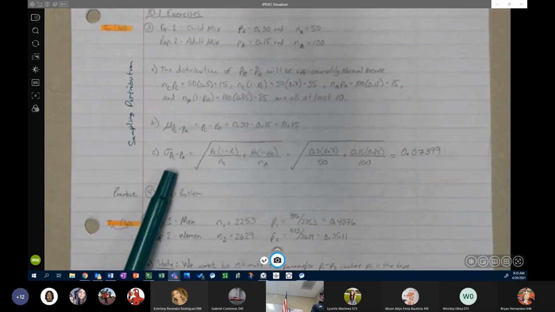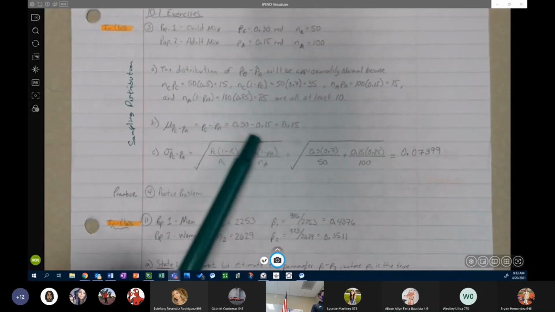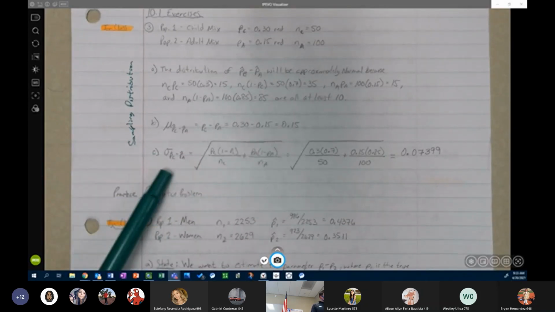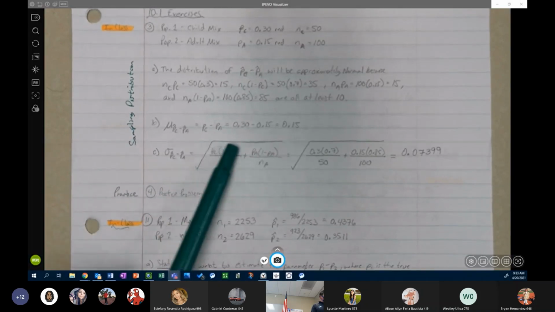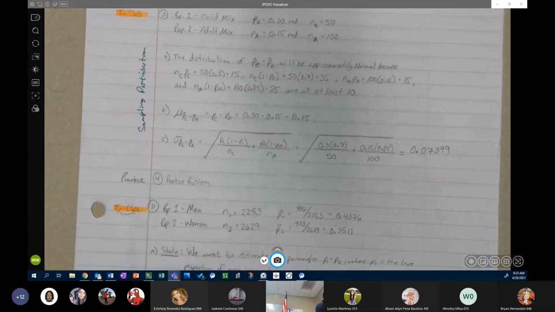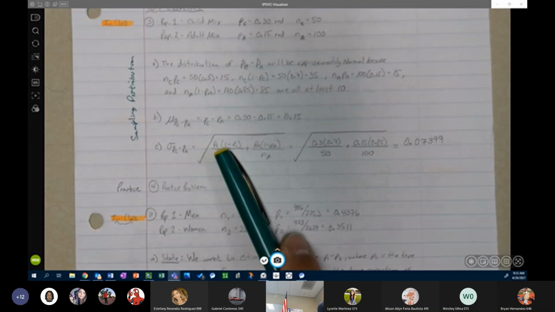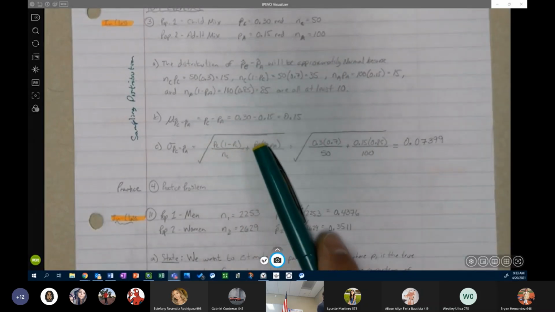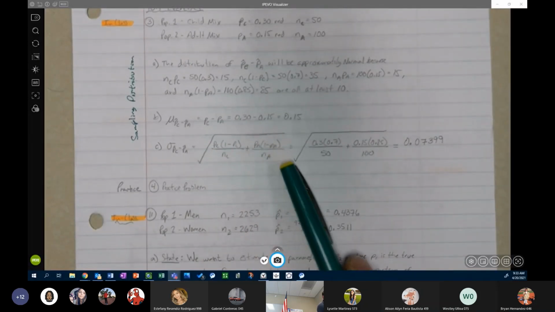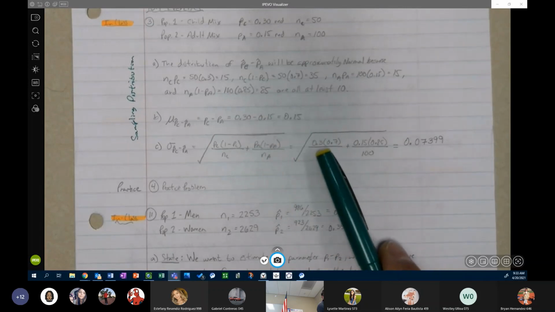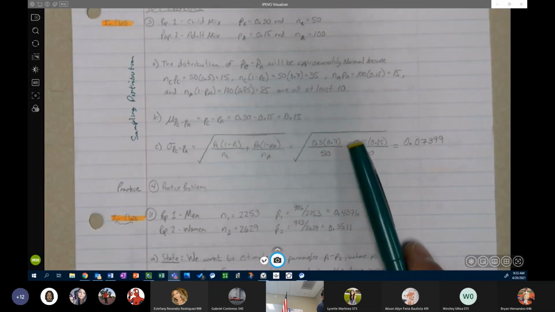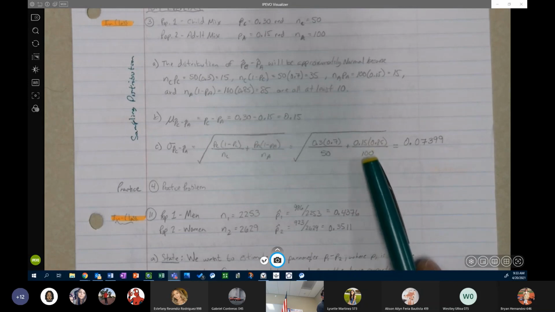For the standard deviation, we use this big old square root. The standard deviation of the difference of the sample proportions is the square root of P sub C times 1 minus P sub C over N sub C, plus P sub A times 1 minus P sub A over N sub A. So we get the square root of 0.3 times 0.7 over 50 plus 0.15 times 0.85 over 100.